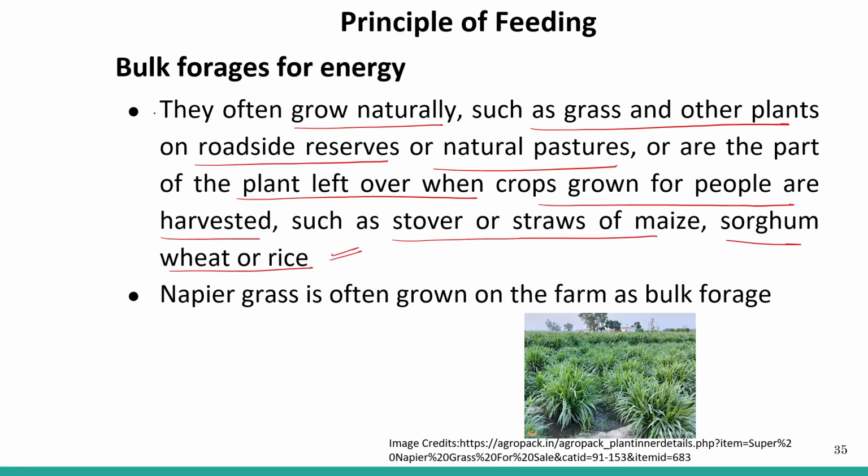So sometimes there are green grass-like plants that grow on the roadside or at natural pastures, which can be cut and given as feed. Napier grass is often grown on the farm as a bulk forage. Here you can see in the figure, Napier grass is a very good bulk forage.